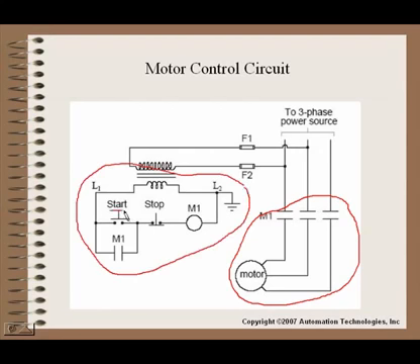You have your start push button, you have a stop push button, and then you have a typical relay with a seal-in contactor where when that relay pulls in, it seals around this momentary start push button. So that's our standard motor start-stop circuit that we have for a PLC.